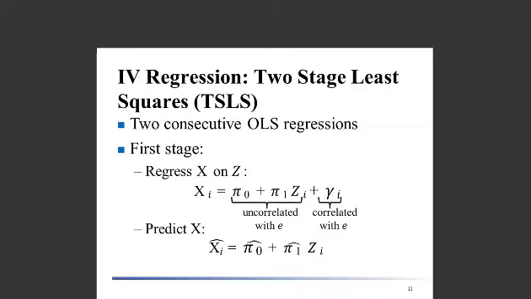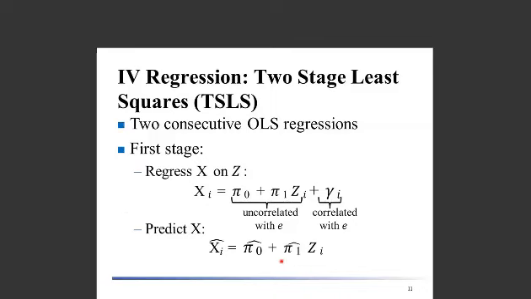In the first stage, you'll regress X on the instruments, Z in this case, and you'll get the predicted values of X. That'll give you the part of X that's uncorrelated with the error term, the clean part of X that you want.